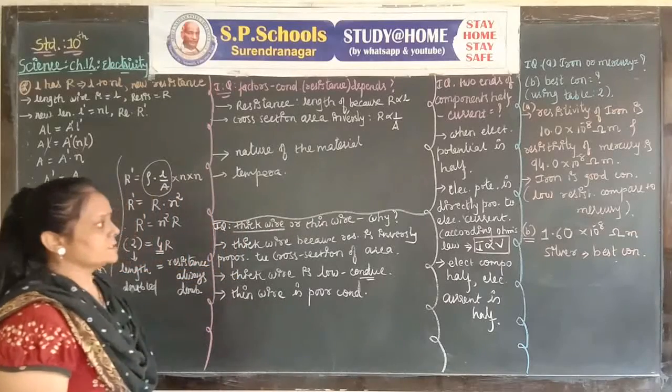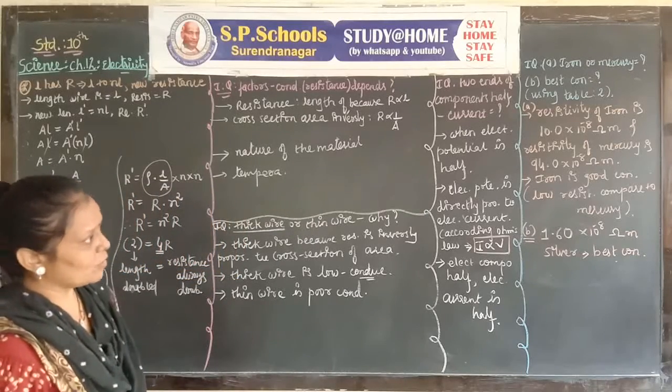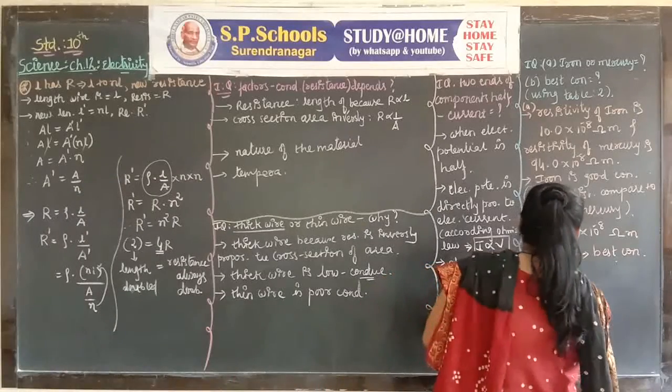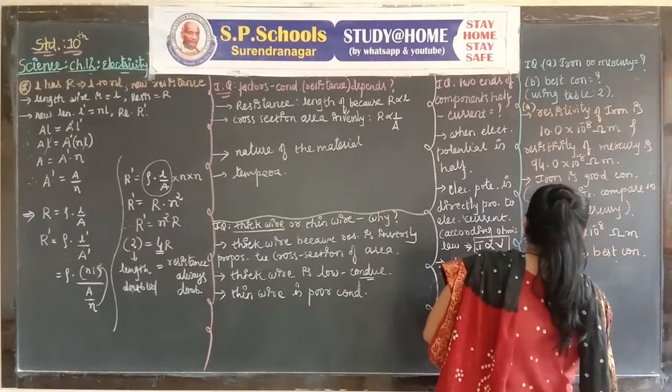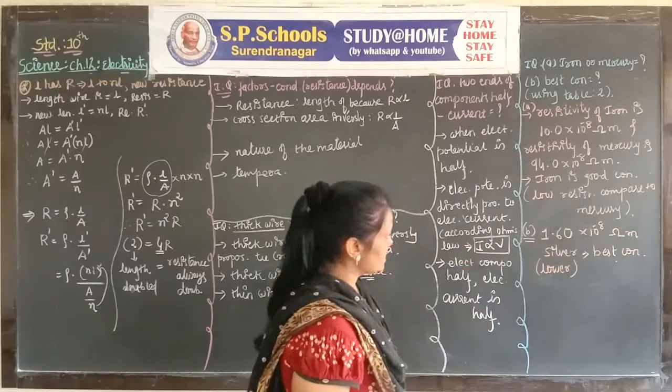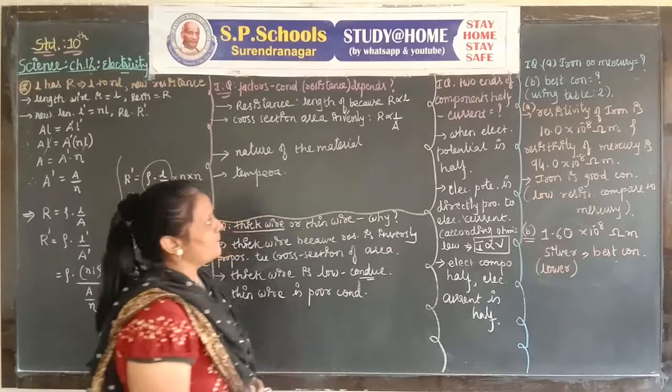Silver has lower resistivity in comparison to other materials, so it will be the best conductor.